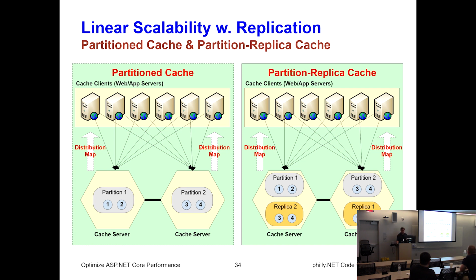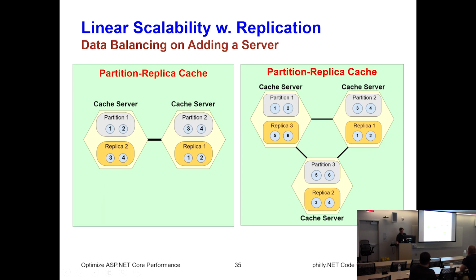Every partition has a backup on a different server, and a partition essentially is a collection of buckets with hash map distribution. So let's say if you have 1,000 buckets, 500 will go into partition 1, 500 will go into partition 2. Everything is working fine.